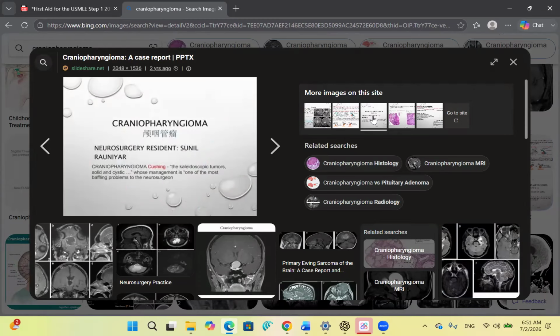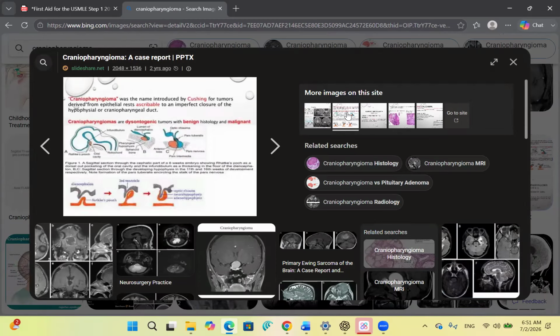Craniopharyngioma is a tumor derived from epithelial rests, comparable to an imperfect closure of the hypophyseal or craniopharyngeal duct.